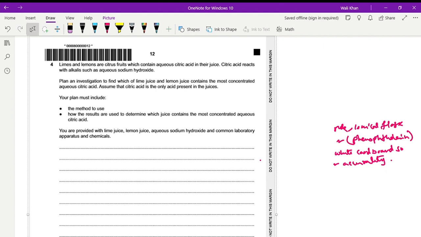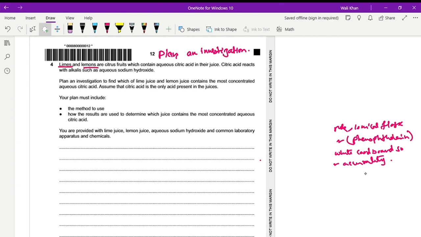Next, question number 4 is basically related to planning an investigation. How to plan an investigation in the lab.